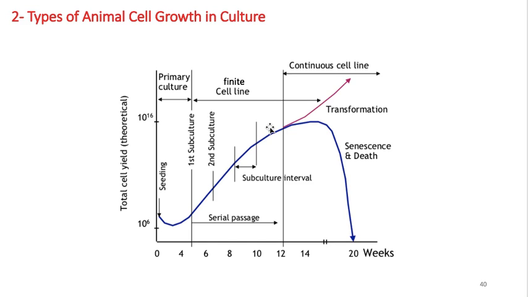It is possible to develop populations of cells that can be passaged and that express stable phenotypes. These are referred to as established, or we call them the continuous cell lines.